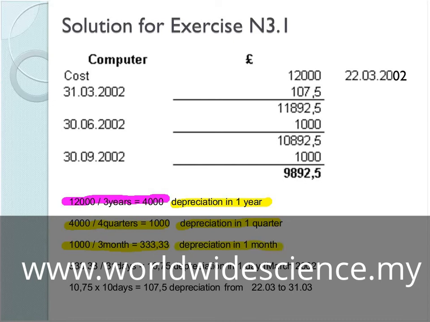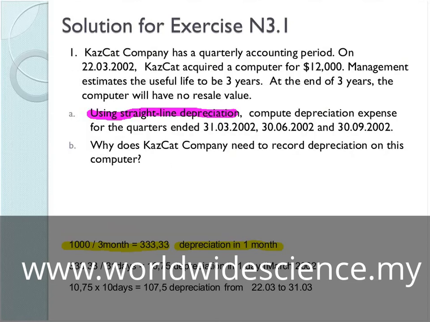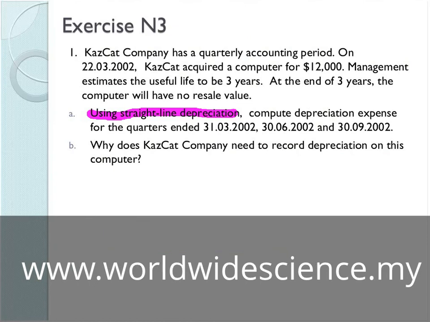And now we should calculate the depreciation for each day. How much depreciation do we have in 1 day? Why do we do this? Because, let's go back to the exercise, we bought the computer on the 22nd of March, and the assignment says we must calculate the depreciation up to the 31st of March.